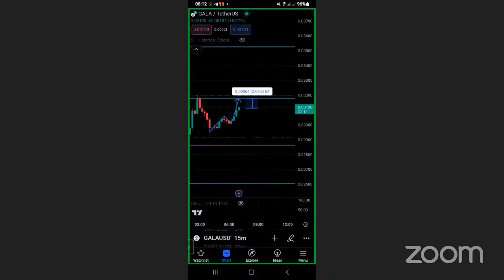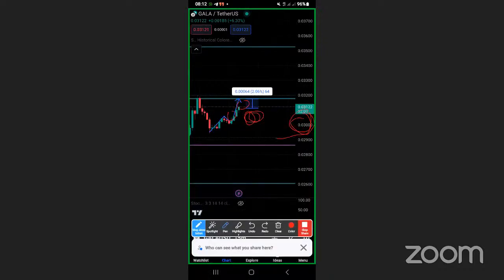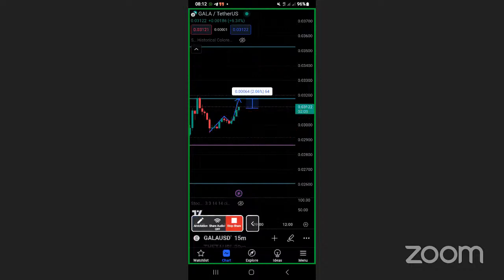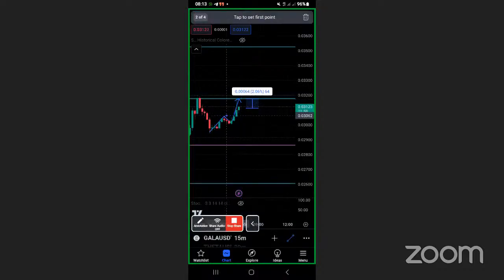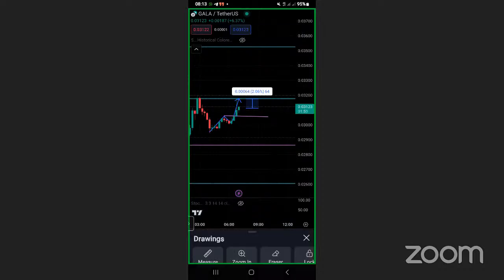So there was a break of structure around this point. There was a break of structure here. Now, if you can see very well, this is where the structure was broken. So you know that this is a mini support with regards to where the price is. So it becomes your mini support.